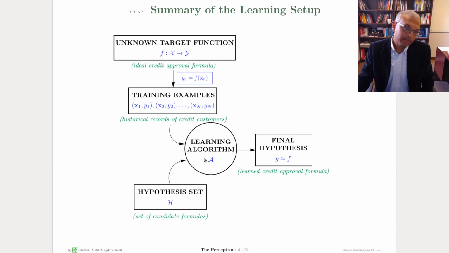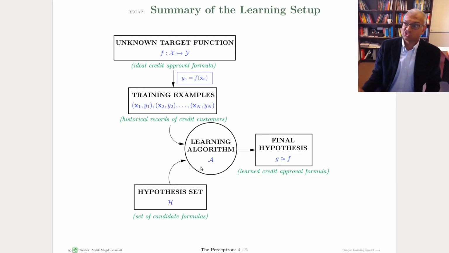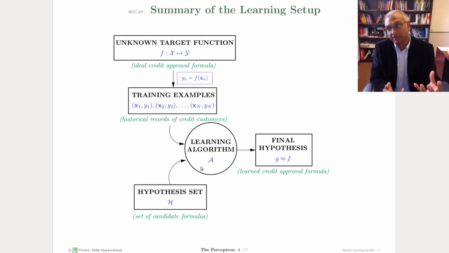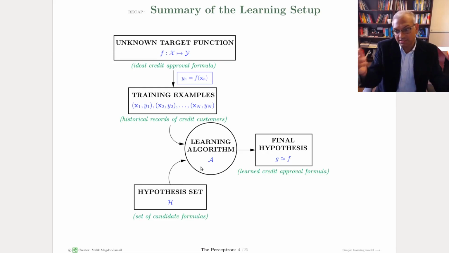The second thing that the learning algorithm has to do is actually go and physically perform that task of picking. So there's a criterion that it's going to use in order to pick, but then it needs to go and implement that criterion and pick the hypothesis that's, let's say, best according to that criterion. So that's an algorithmic issue.